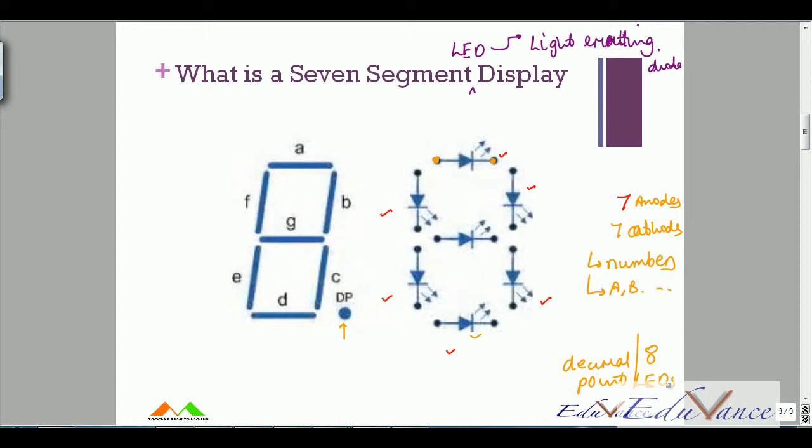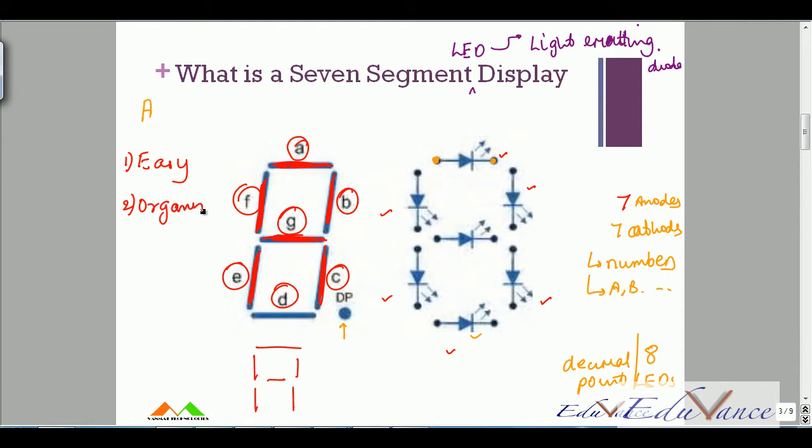Well, that said, if I want to show the letter A, then I would do that by glowing the following LEDs, which forms the letter A. Now, a 7-segment LED is divided into 7 segments, which is A, B, C, D, E, F, G. The reason behind doing that is it is easy to understand and it is more organized.